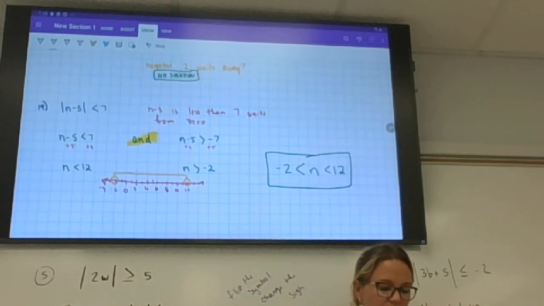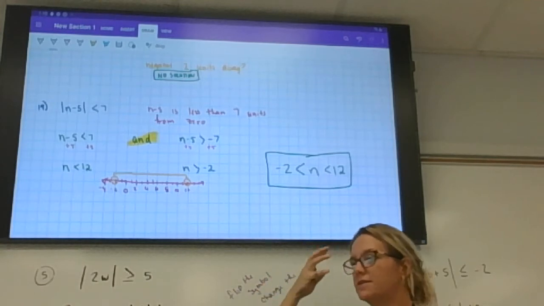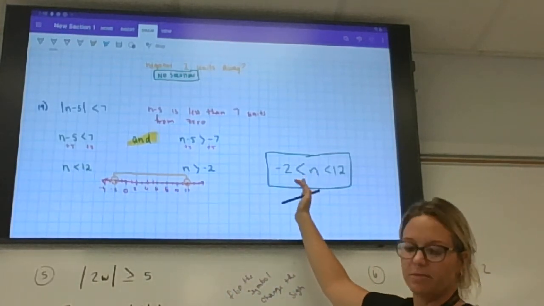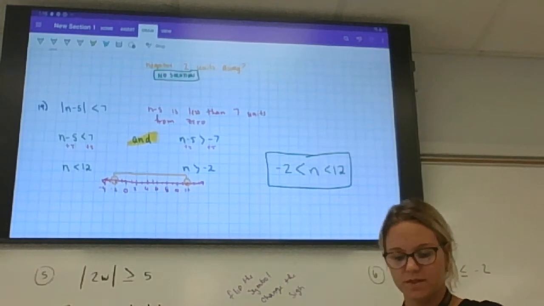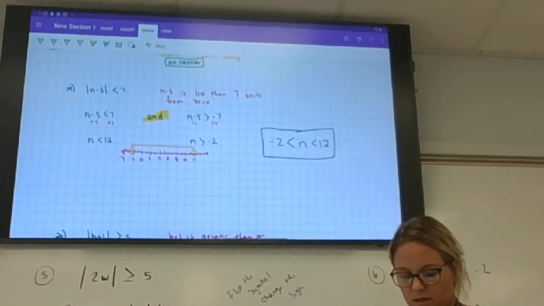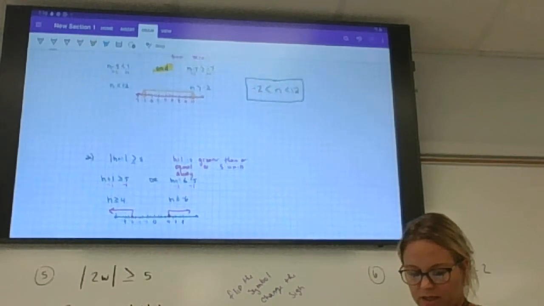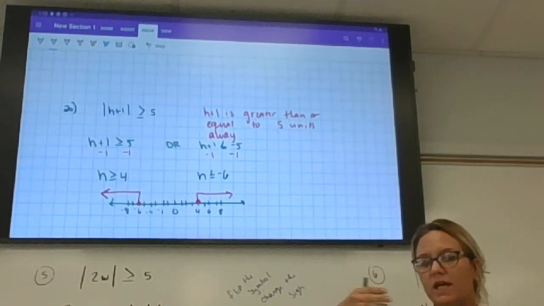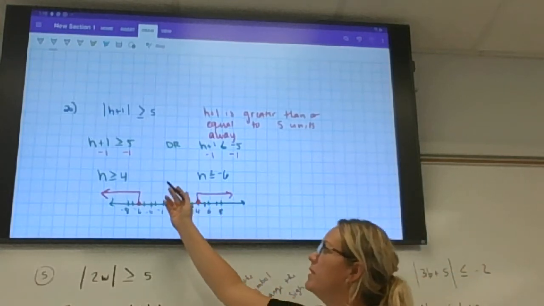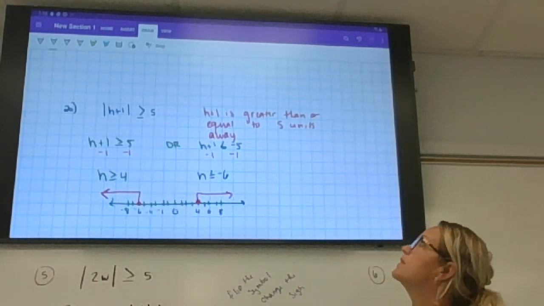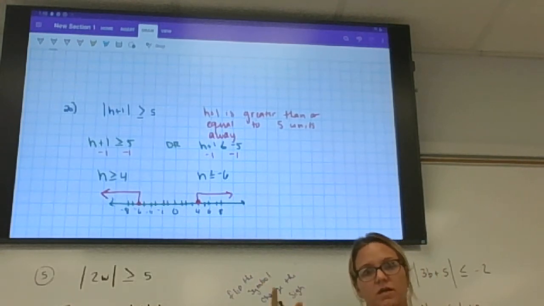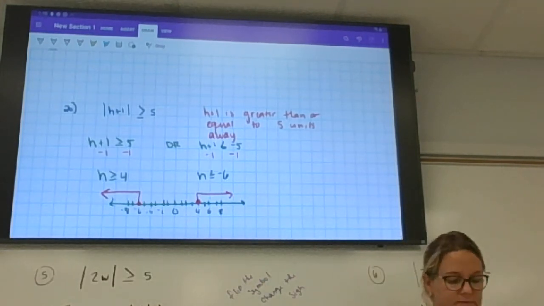So instead of just showing them separate, understanding that n is falling in the middle of these, I could write that as a compound inequality. That's really good. And here's 20. Now these ones that go opposite directions, you can't write together. They have the or in the middle of them. But if the arrows are pointing together, you can write it as one compound inequality, and that's a little better.